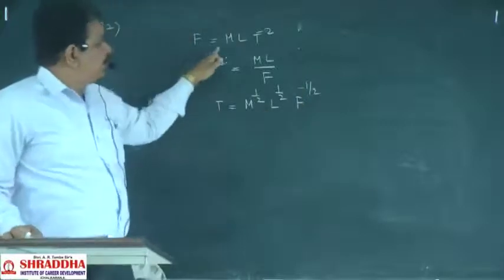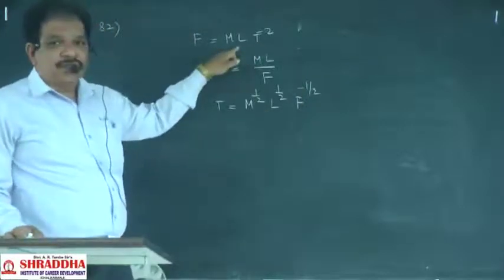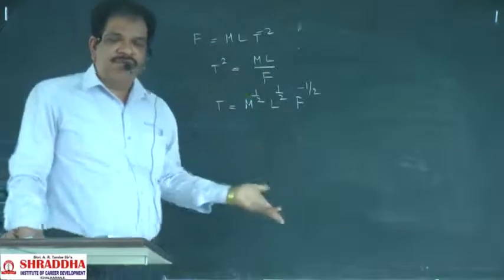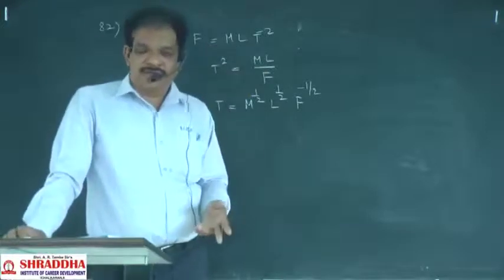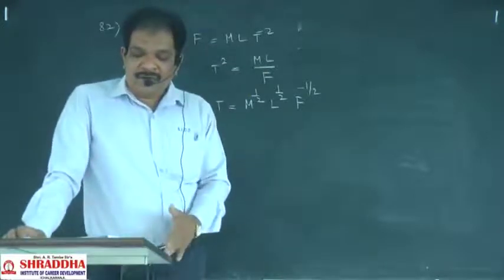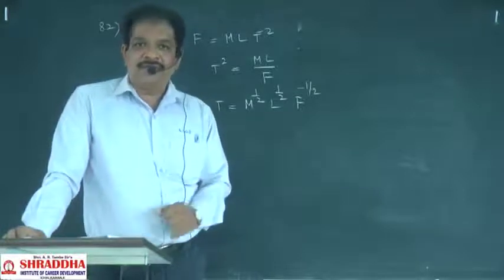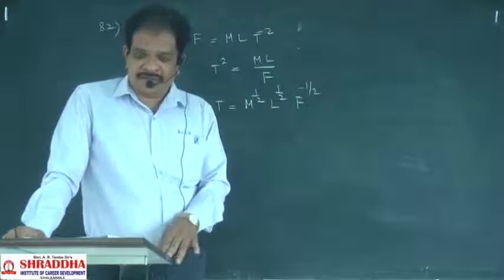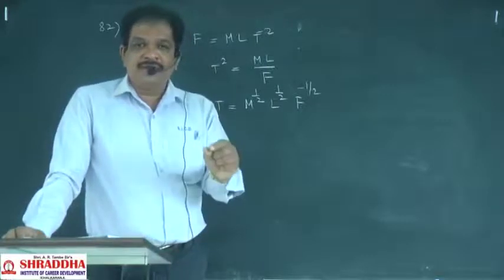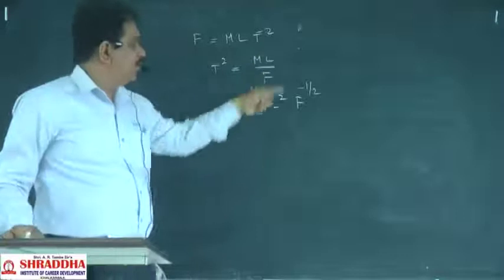Because already we know the relation, no need to derive here. Or otherwise if mass, length, capital G, universal gravitational constant, are considered the fundamental, then we have to derive.